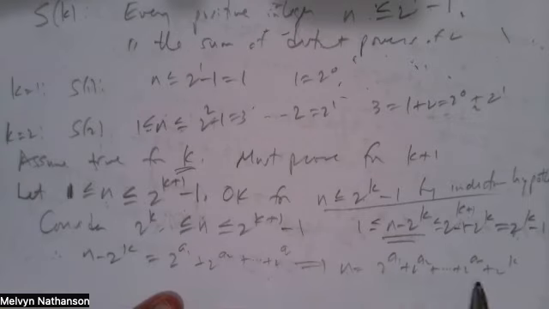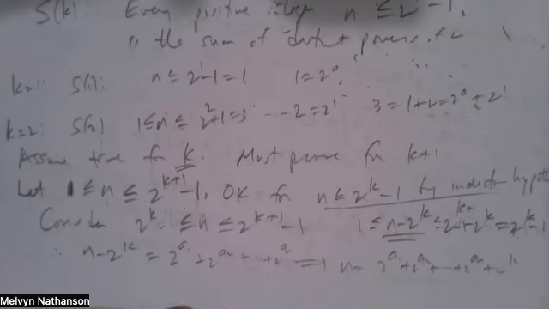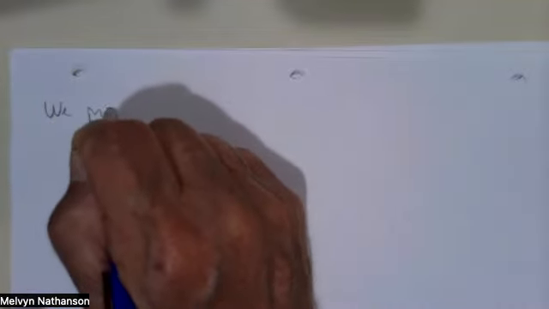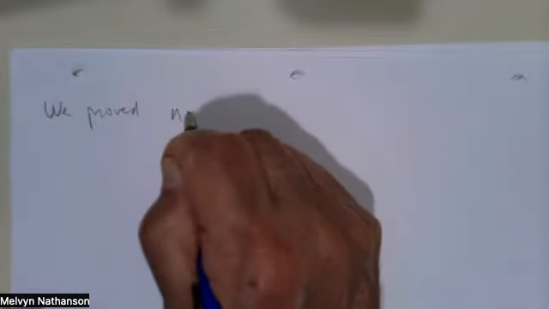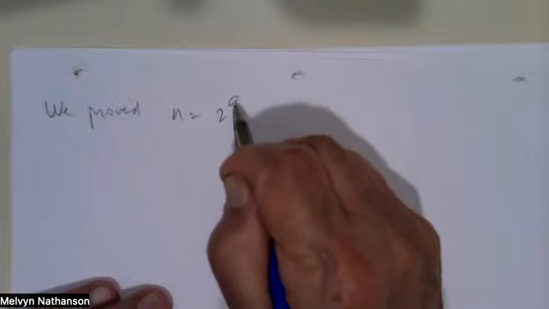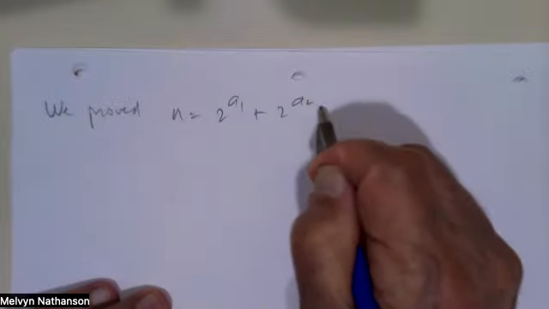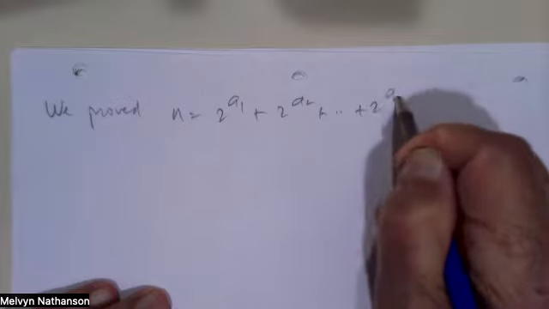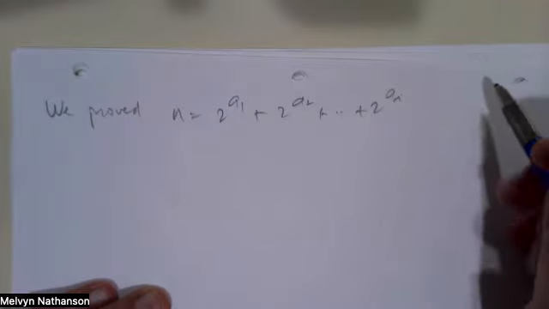So n is these powers of 2 plus 2 to the k. So this is the existence half of the proof. So we prove that every number n can be written as a sum of distinct powers of 2.